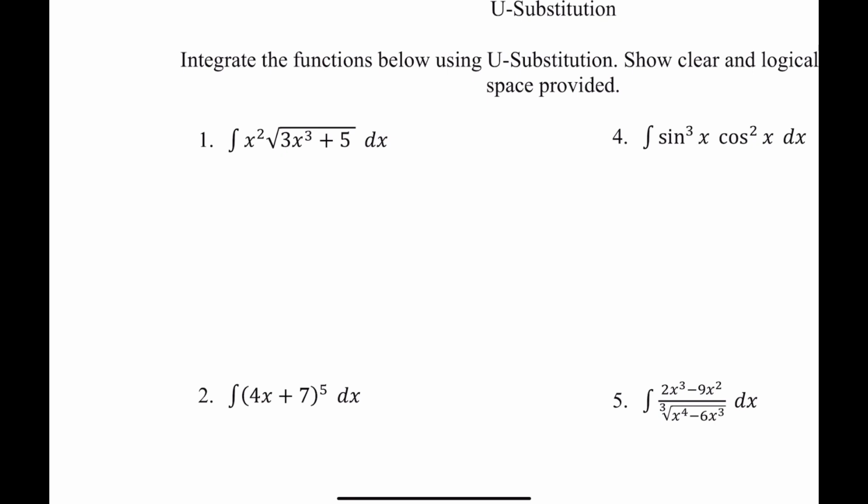plus 5 dx. As you can see here, there is a composite function because we have the function 3x to the third power plus 5 inside the function y equals square root of x. If we were to take the derivative of this, we would be thinking of x squared times (3x third plus 5) to the power of 1/2, right?